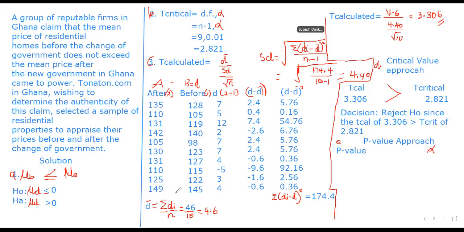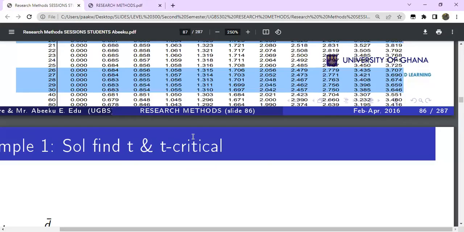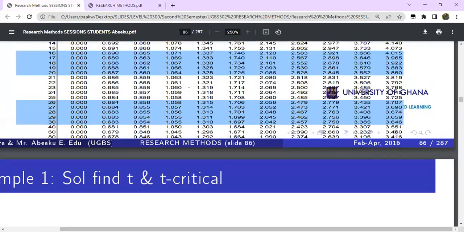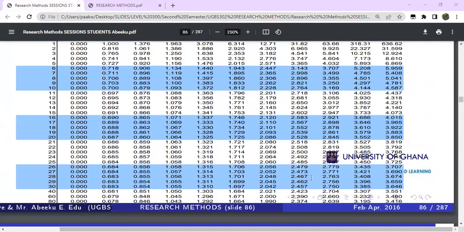We know alpha from the question to be 0.01. Now, how do you find the p-value? You search for the probability of 3.306 on the table.